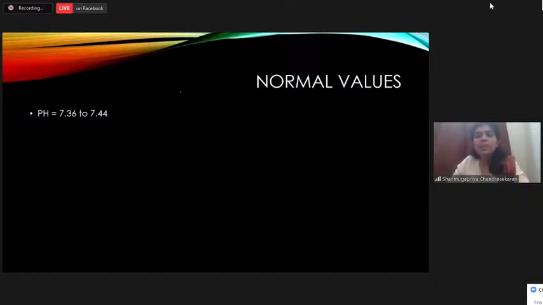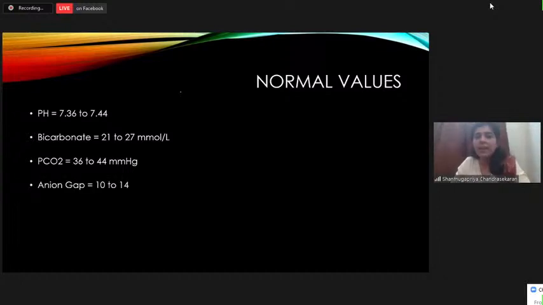Bicarbonate value is 24, on either side 3, so it is 21 to 27 millimoles per liter. What is the normal PCO2? It is 40, on either side 4, so normal PCO2 is 36 to 44 millimeters of mercury. And normal anion gap, I told you, is 12, on either side 2, so it is 10 to 14.